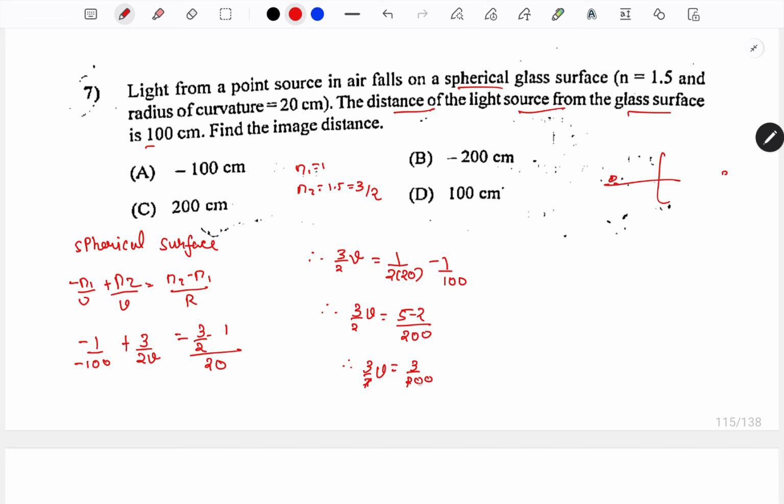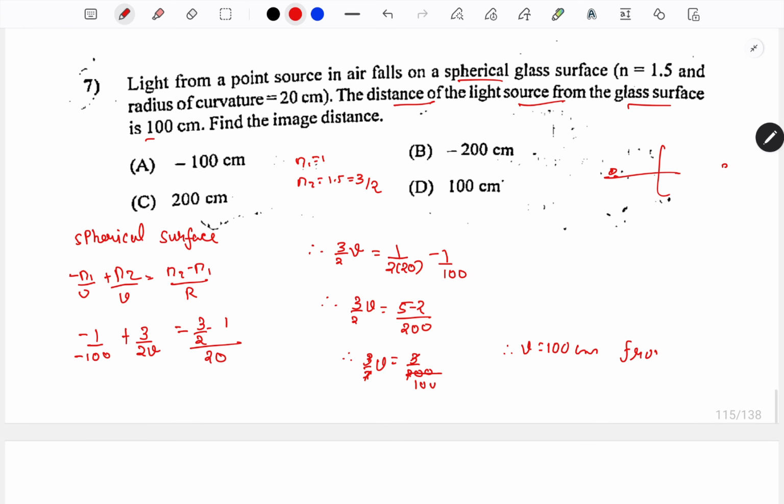So this 200 cancels to 100 and the 3 cancels, therefore v is equal to 100 centimeter from the convex surface. So our answer will be 100, because for a convex surface the answer will be positive.